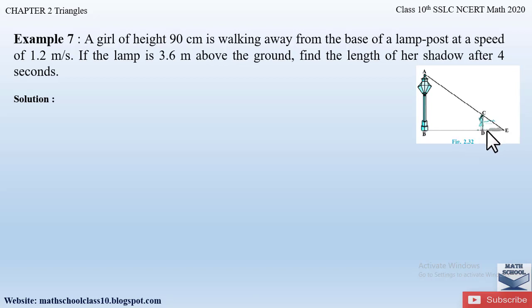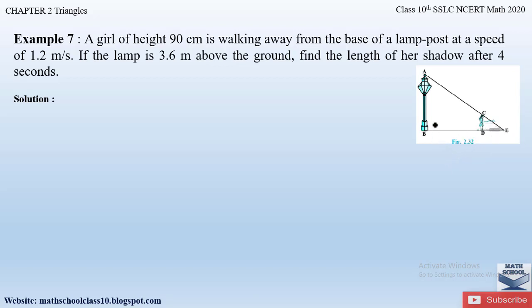As the light of this lamp post falls on this girl, a shadow is formed this side. And we have to find out the length of this shadow after 4 seconds.